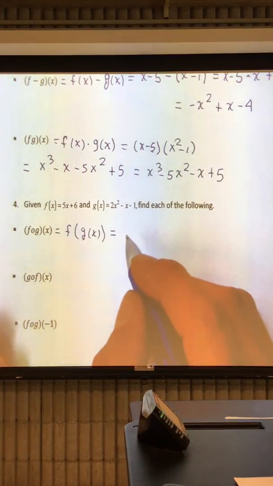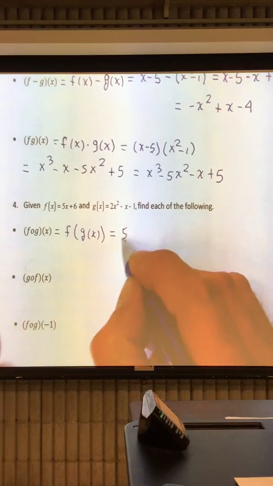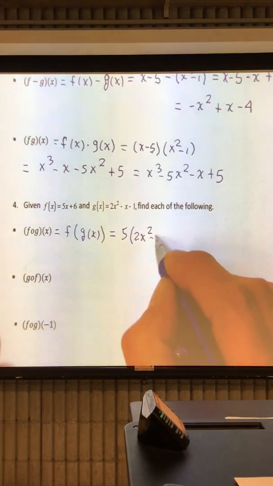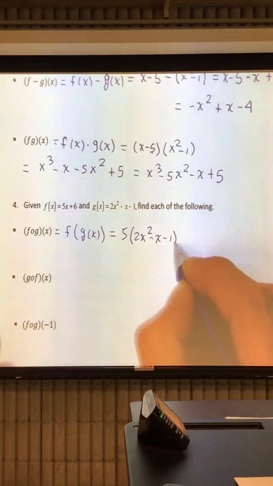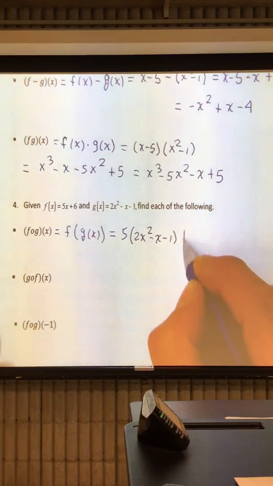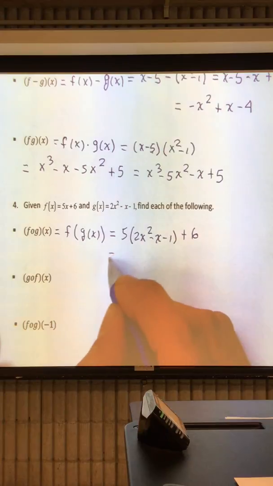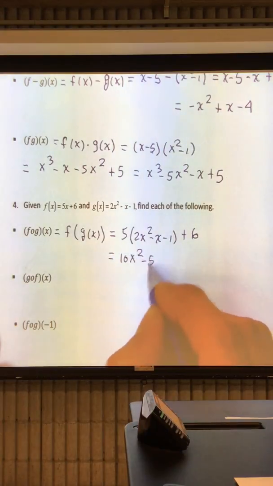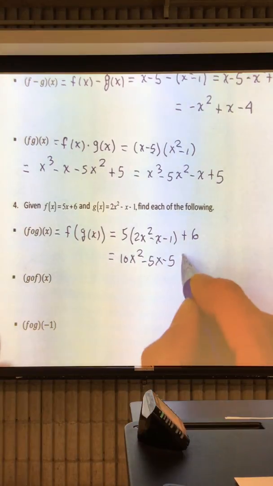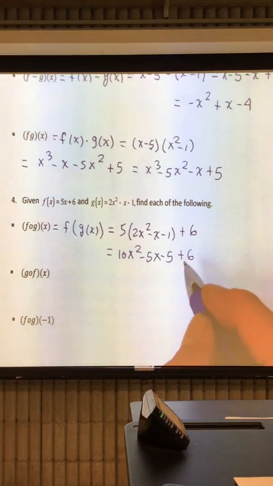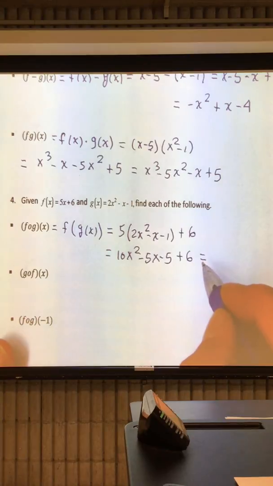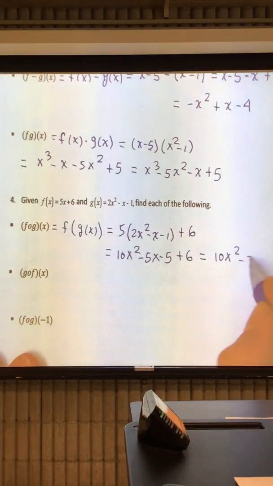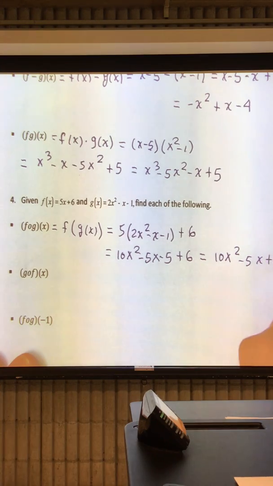So we will have 5 times g of x, 2x squared minus x minus 1, plus 6. Carefully distribute the 5 through: 10x squared minus 5x minus 5. Don't forget the plus 6. And then we can write our final result to be 10x squared minus 5x plus 1.